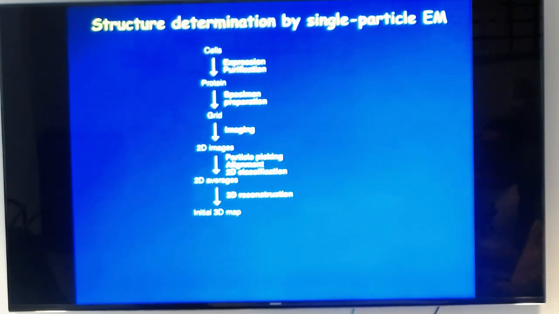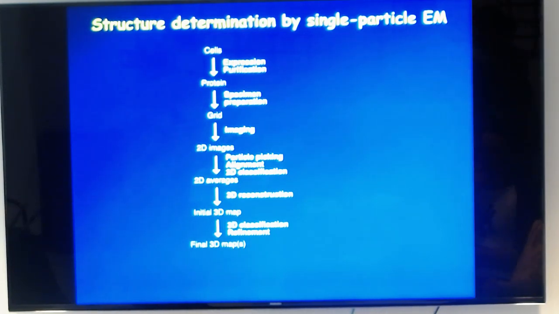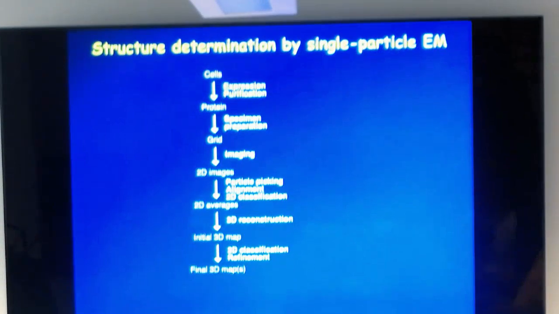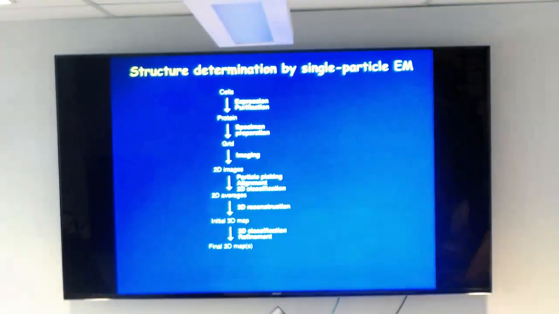So the next thing is to improve your rotation parameters, which is called refinement. And more recently, we also did 3D classification to classify structures based on the 3D structure. Then we end up with a final 3D map, or 3D maps, depending on whether you do 3D classification.